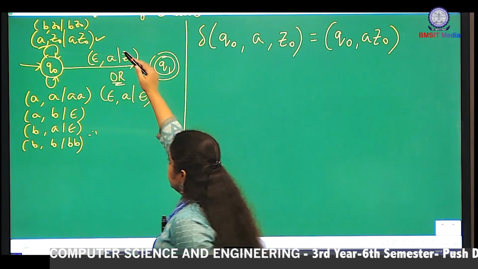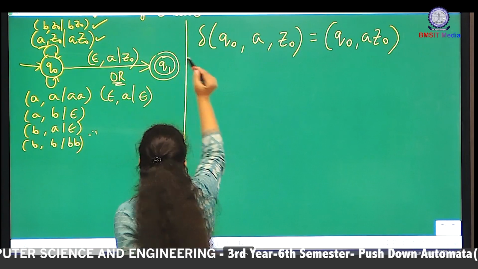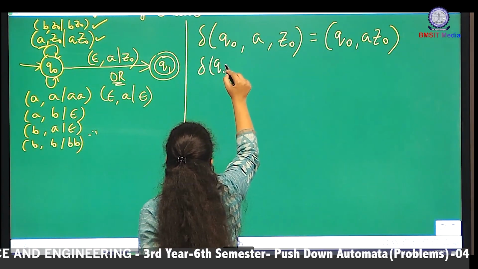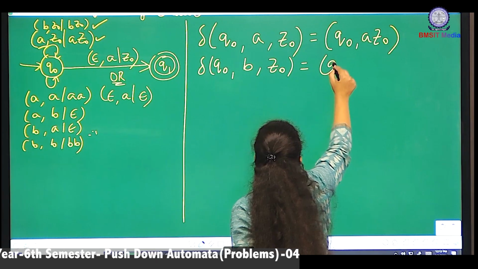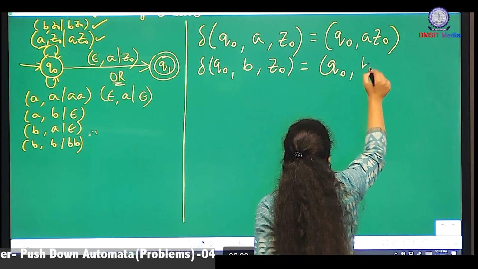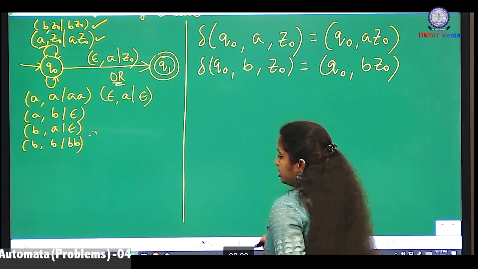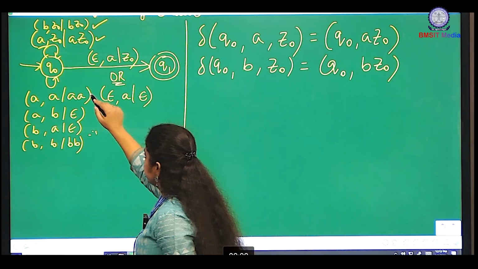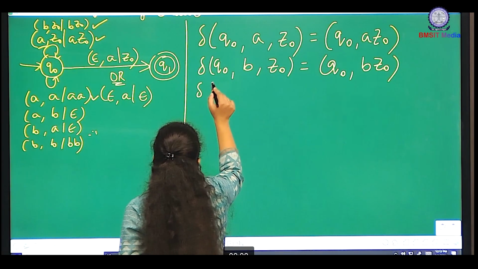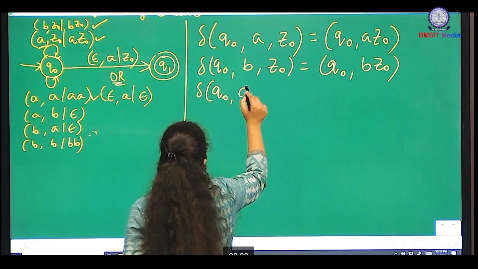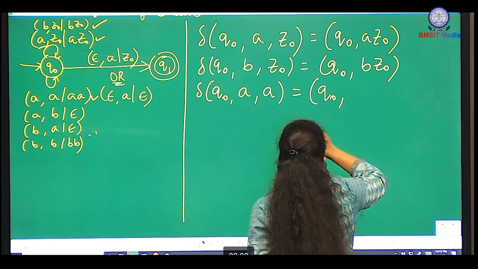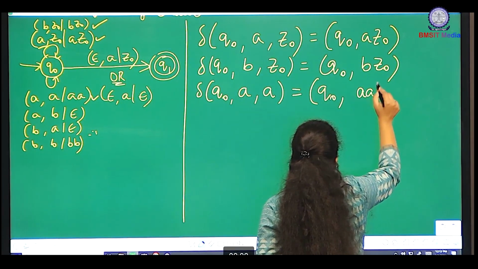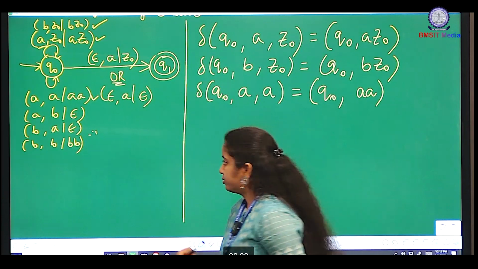Now for the next one, delta Q naught B Z0, we will stay in the same state Q naught and push B to the stack. Next, let us write it for this one: Q naught, A is the input symbol, A is the stack symbol, Q naught, A should be pushed onto the stack.